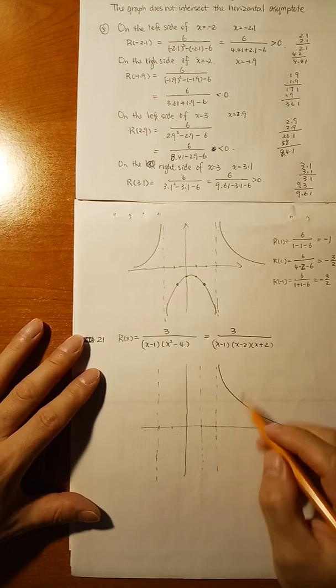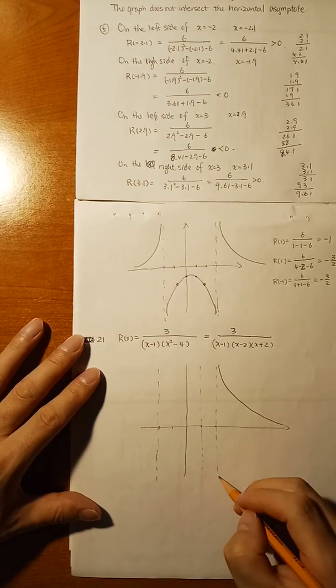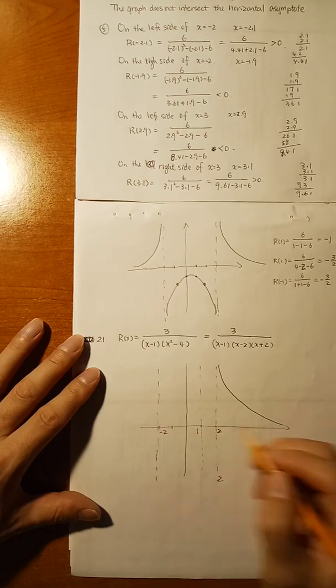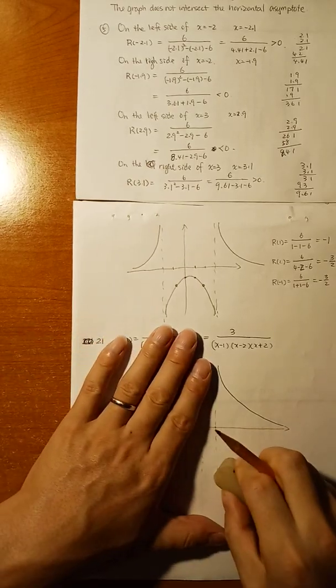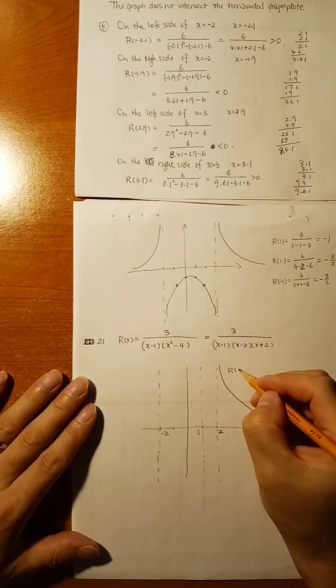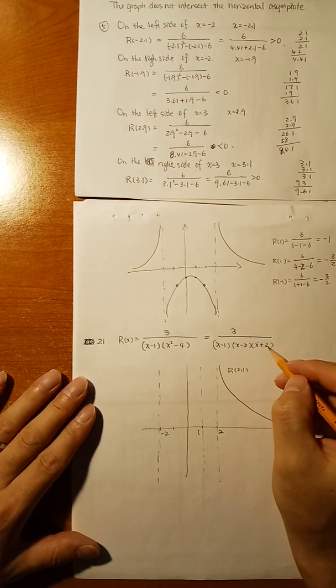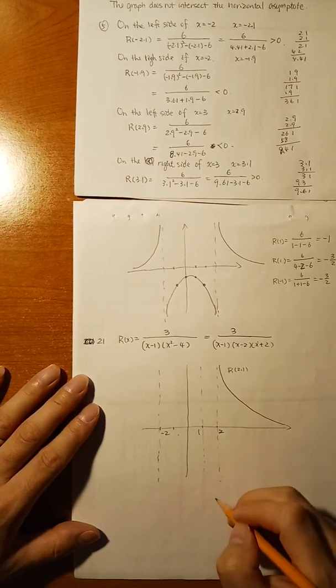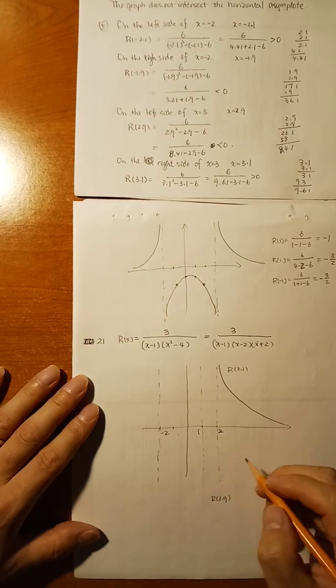And on the left side of x equal to 2, this is 2, this is 1, this is -2. You just check R of 2.1, you will see it's positive. And if you choose R of 1.9, you will see it's negative.